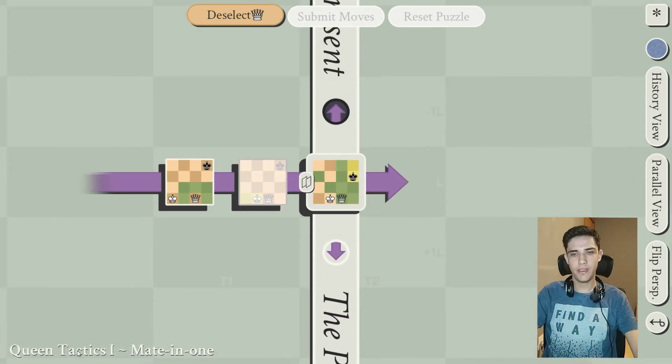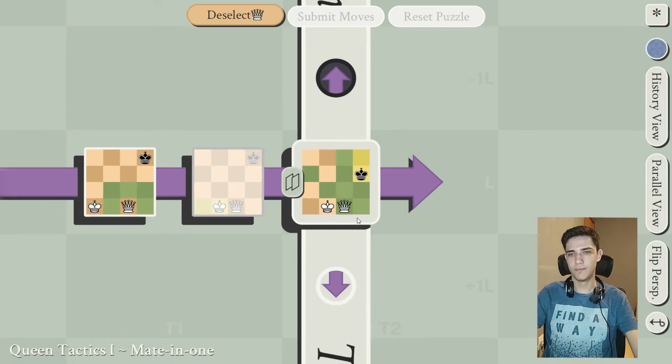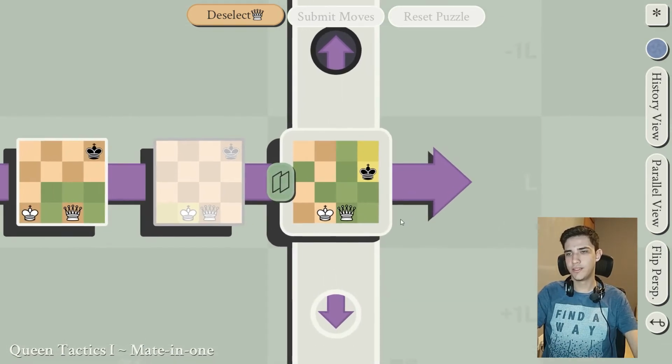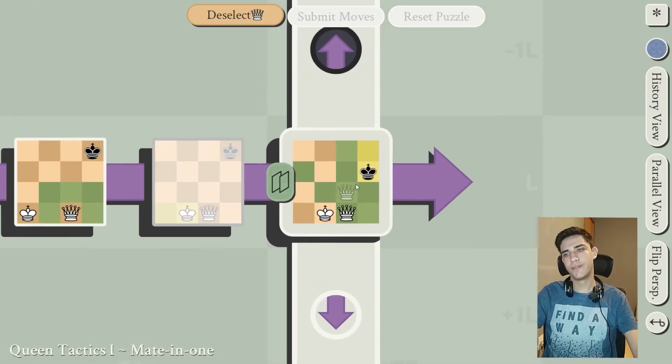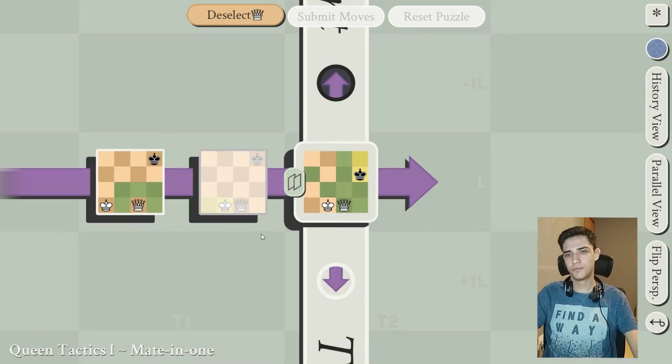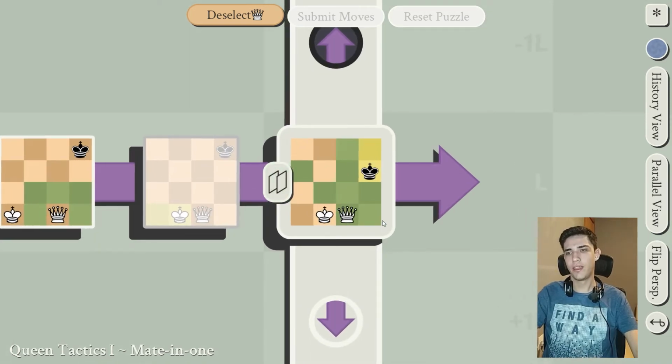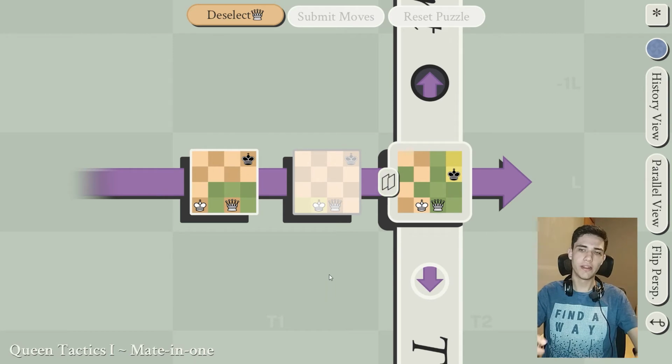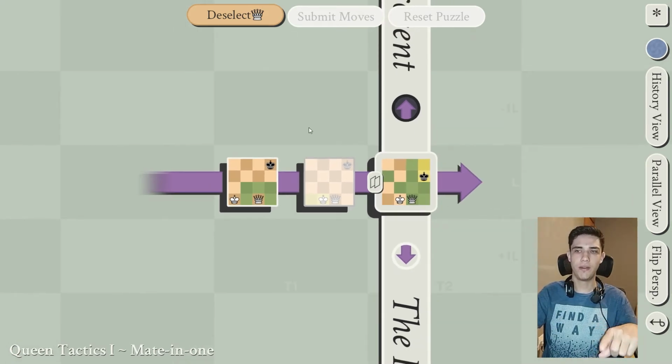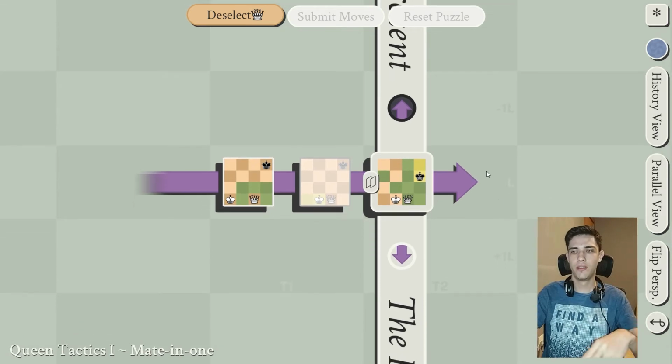So here the puzzle is telling me that it's mate in 1. So let's think here. Basically we don't have checkmate here, so we can think, the square around the queen increases by 1 for every square back to the past or through parallel universes.